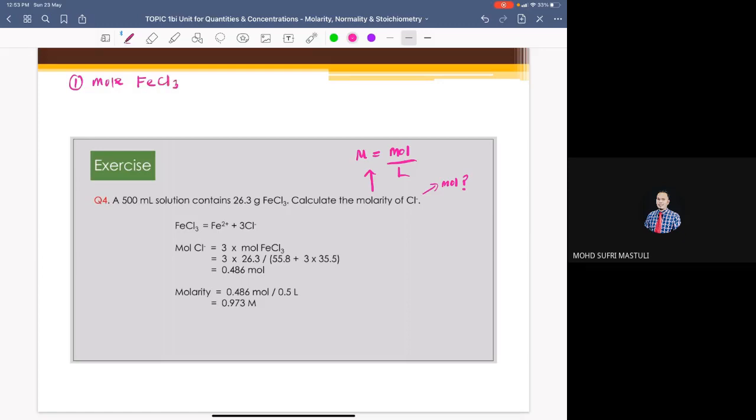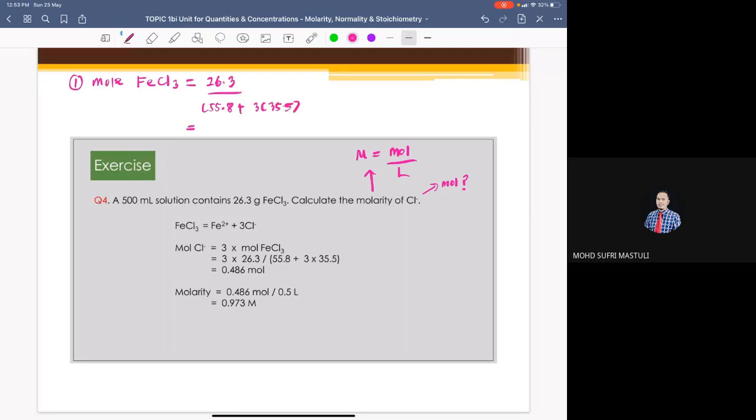The mole of FeCl3 is mass over molecular mass, 55.8 plus 3 times 35.5.